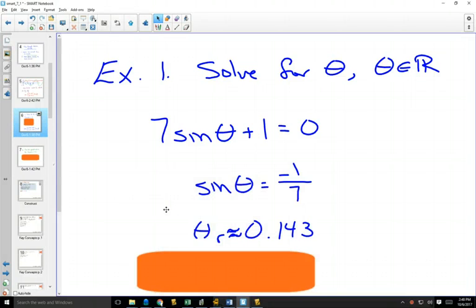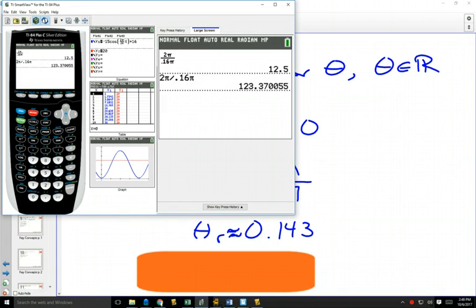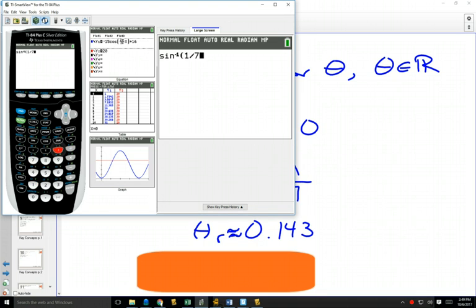That would give me -1/7. I then have to find my reference angle. How do you find a reference angle? You go to your calculator. Make sure you're in radians. I'll go sine inverse. A reference angle is always with your positive values, so even though that's -1/7, I will do sine inverse of 1/7 to get my reference angle.